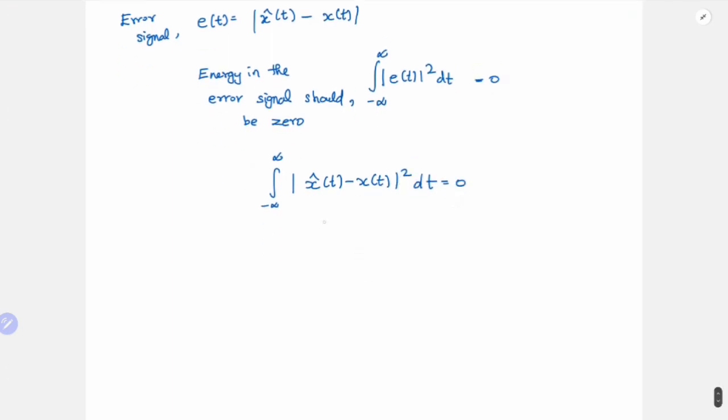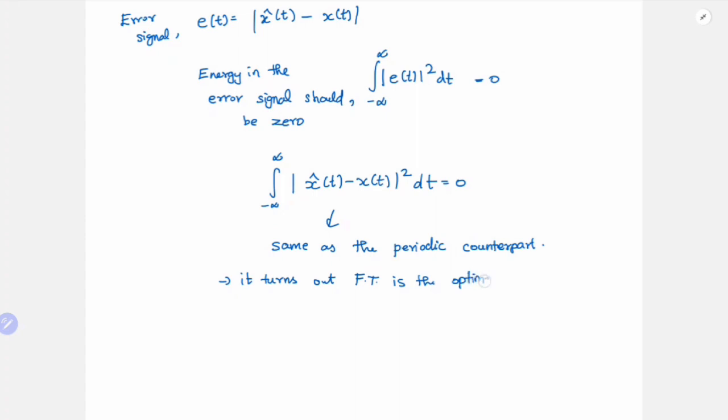So this is same as the periodic counterpart. So we leave it here, which means again it turns out the Fourier transform is the optimal solution, right?